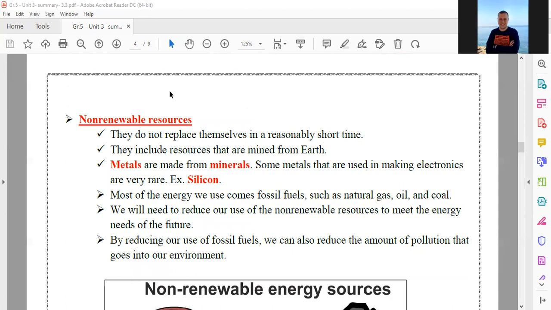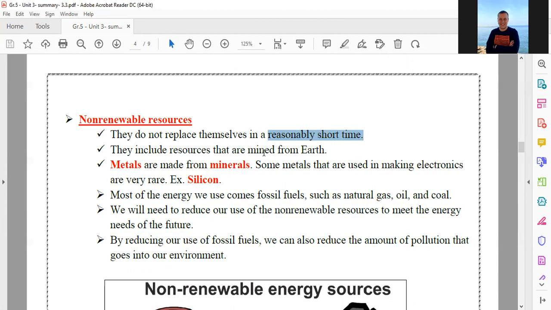Okay, then let's move to the non-renewable resources. These are the ones that take millions of years to replace what was consumed or used. Non-renewable resources do not replace themselves in a reasonably short period of time. So they take a long period of time to compensate or replace what was used.